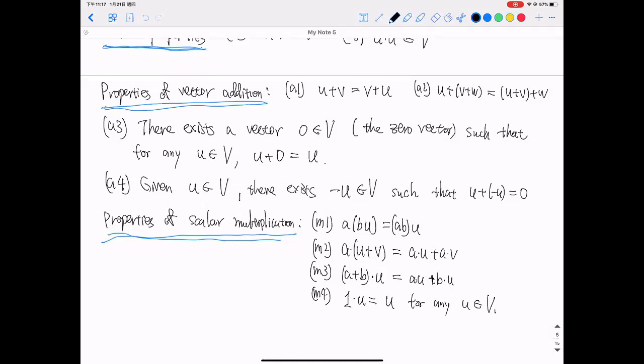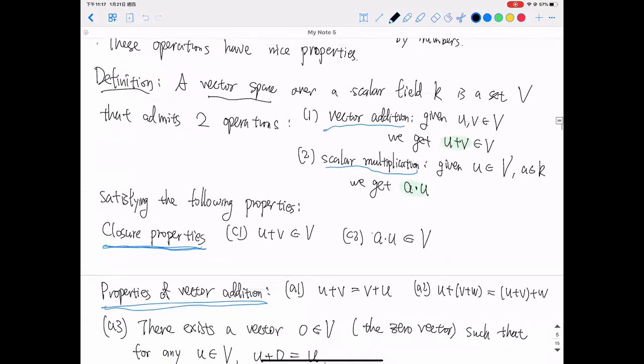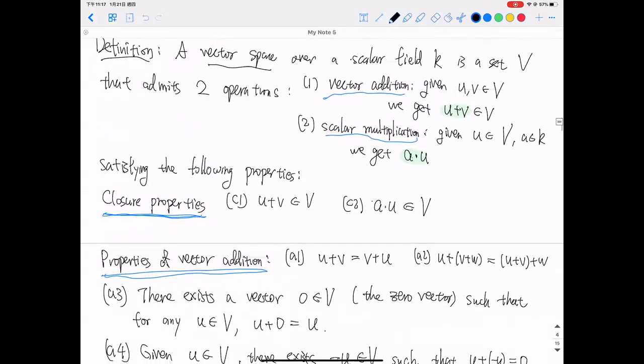Okay, now let's review what we just did. We defined a notion of what's called a vector space. Abstractly, this is a set denoted by V. This is a vector space over a given scalar field K. This is a set V that has two operations.